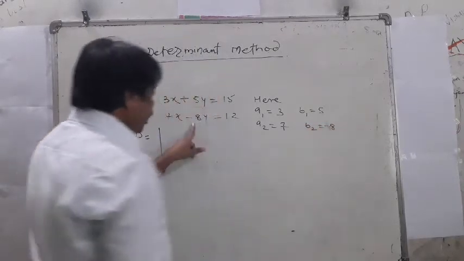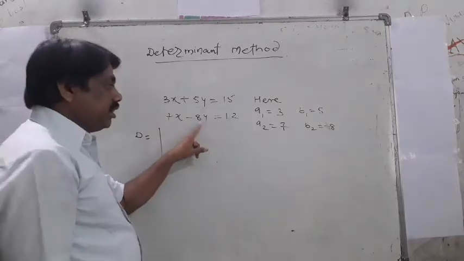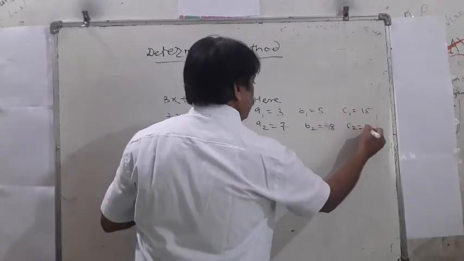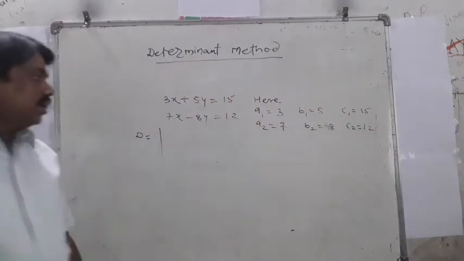If it is negative, take the negative number as it is. c1 is equal to 15 and c2 is equal to 12.